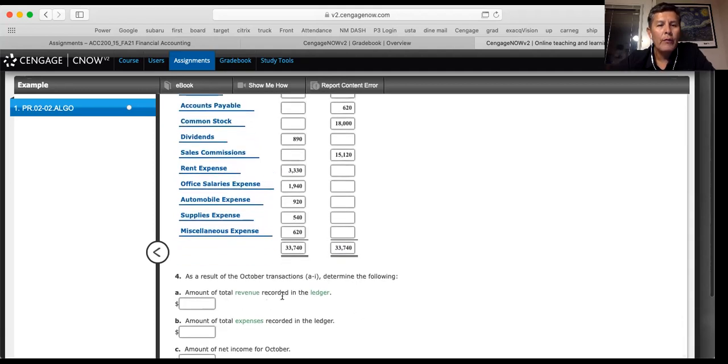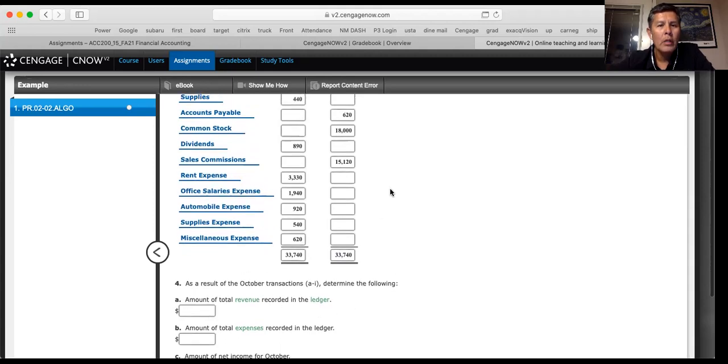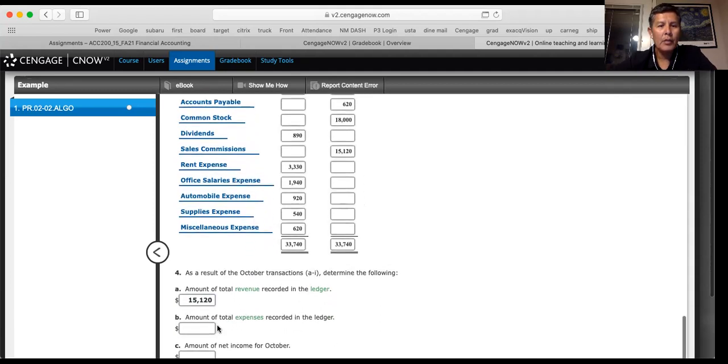Okay. Amount of total revenue recorded in the ledger. So the amount of total revenue would be this amount right here. Remember, your sales commission is going to be your revenue, 15,120. Okay. Amount of total expenses. So notice anything with an expense. These ones I'm going to add up and put in this box right here.